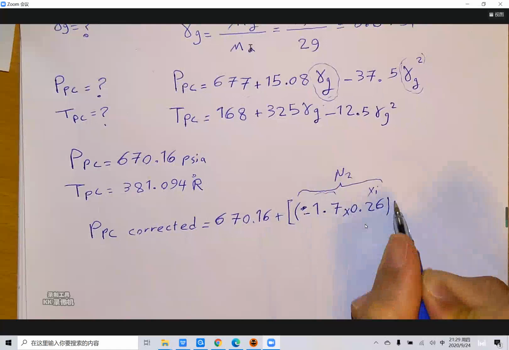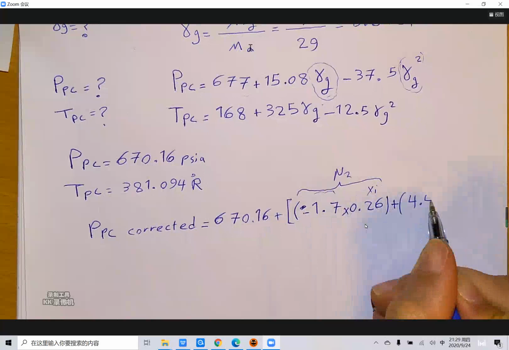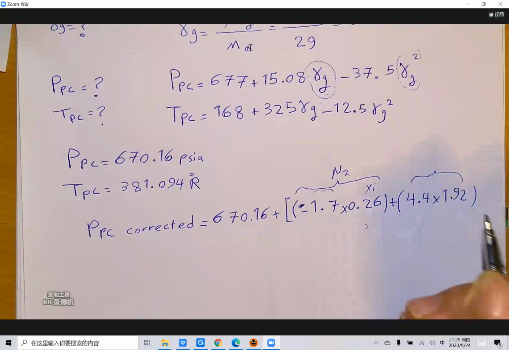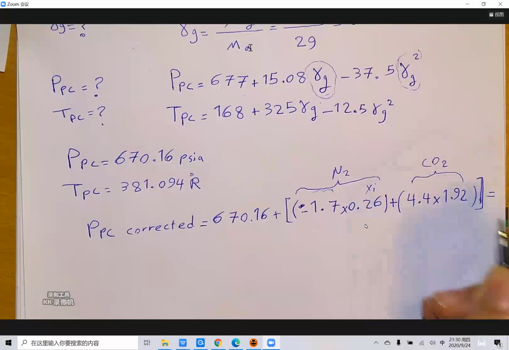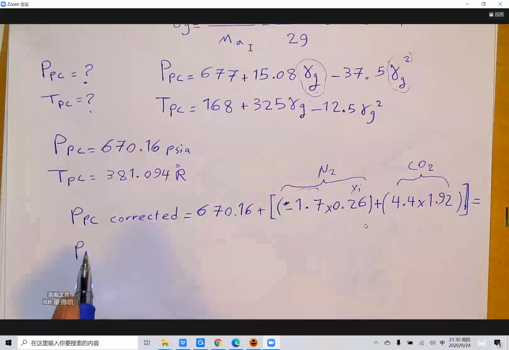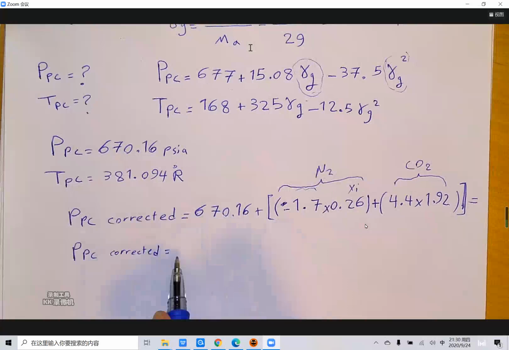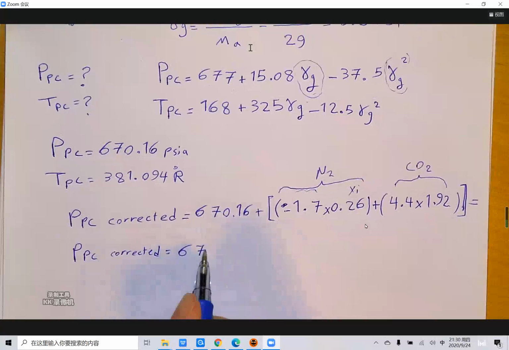And this correction is for CO2. So the final result is 6708.1.